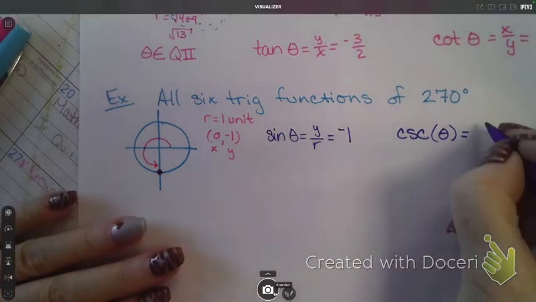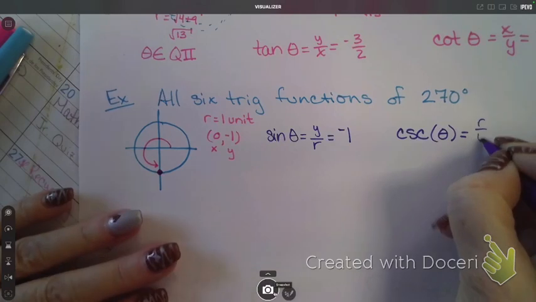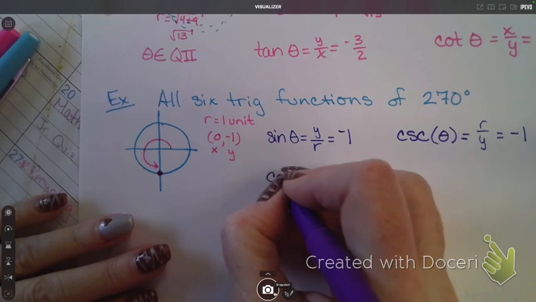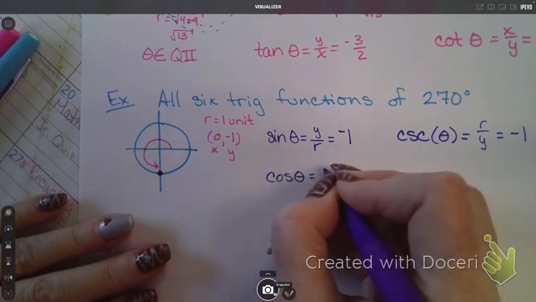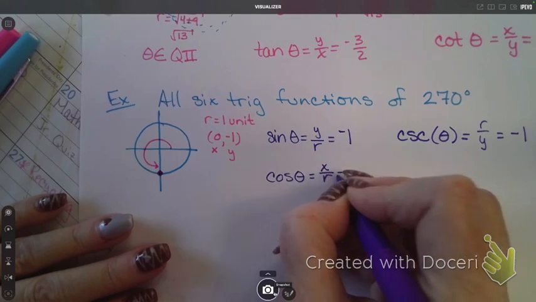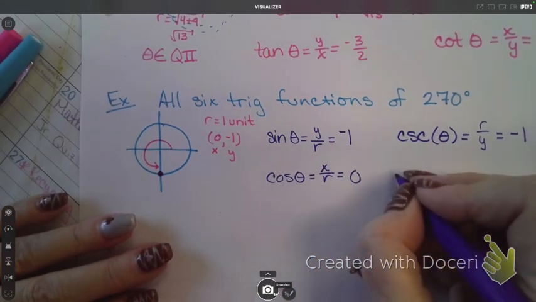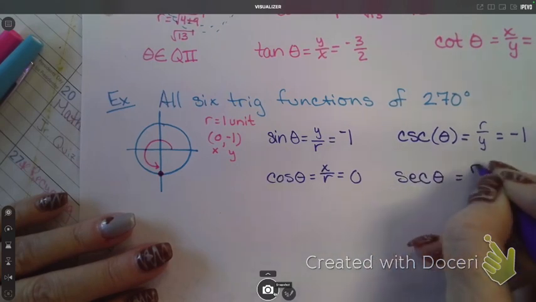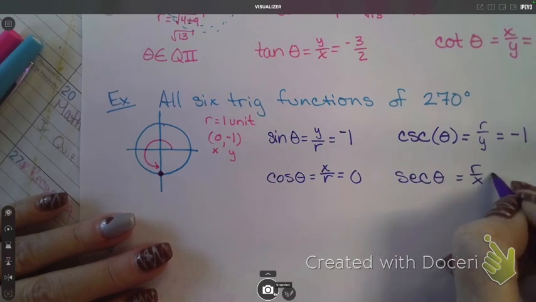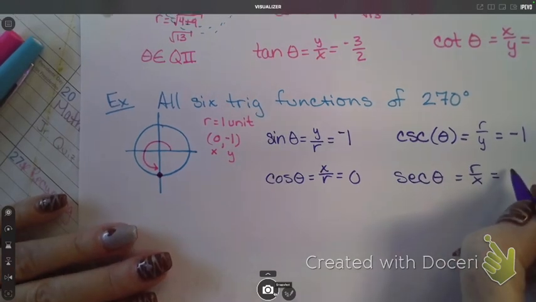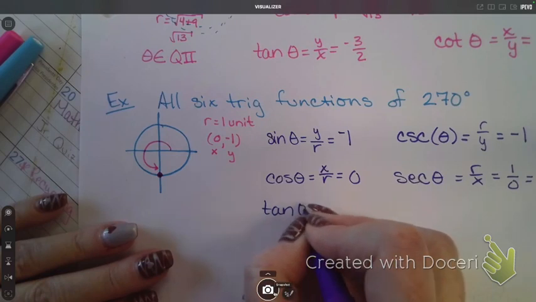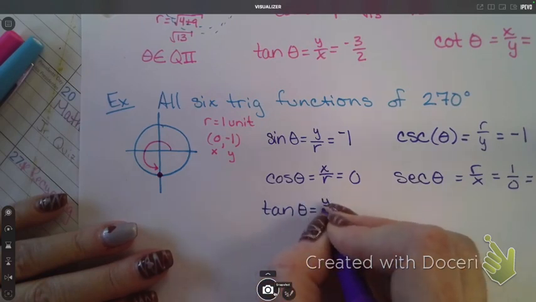Go for it, because we will do that eventually. So what if the X is 0?